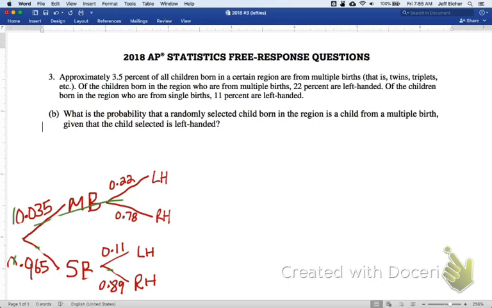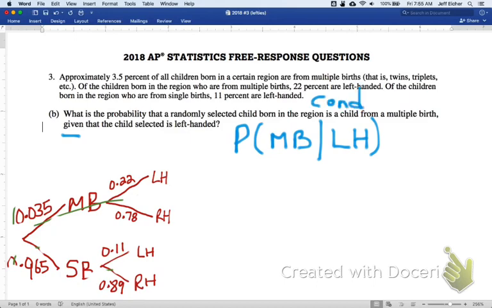Part B says, what is the probability a randomly selected child born in the region is a child from multiple birth? Probability multiple birth, given that the child is left-handed. So this is a conditional probability. This formula is given on the formula sheet.